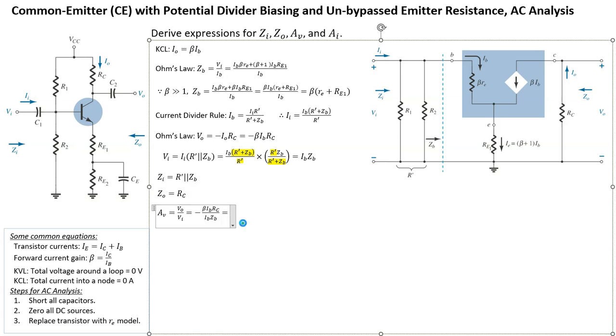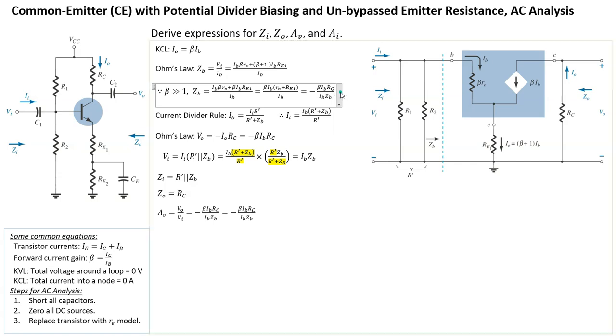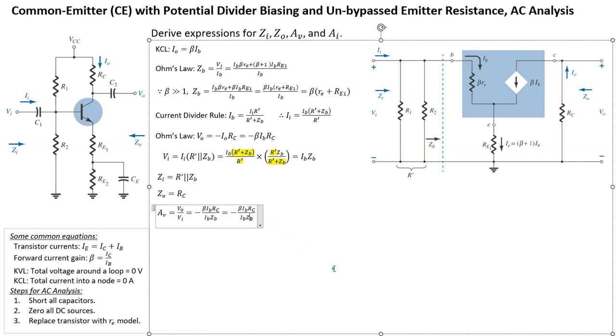It should be obvious that beta IB will disappear, top and bottom.